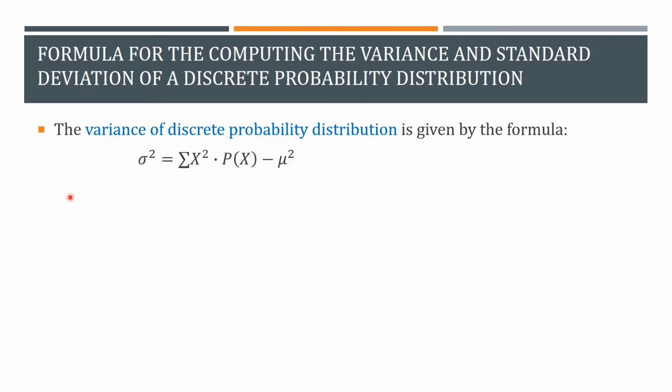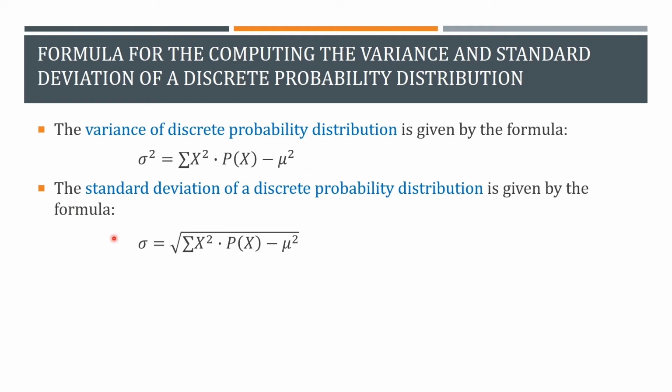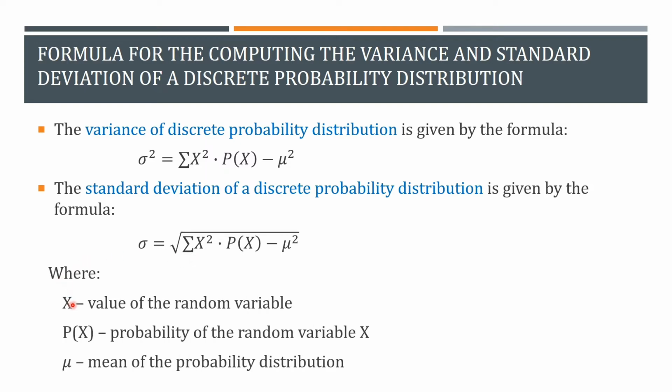And the formula for our standard deviation is the square root of our variance, wherein x is the value of our random variable, p of x is the probability of the random variable x, and we have here the mean of the probability distribution.